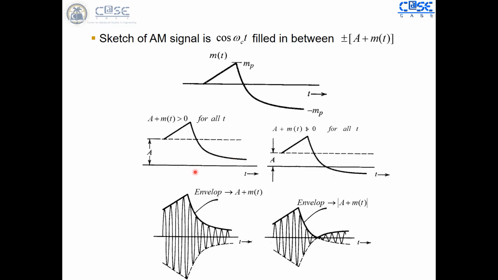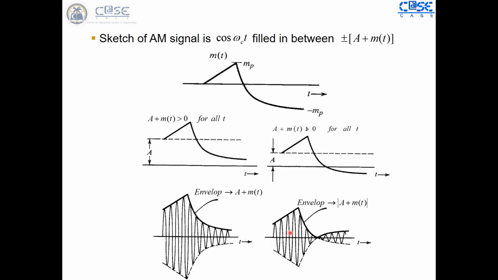So now you can see that if we can achieve this scenario in which the message signal becomes positive for all times t, you can see the message signal in the envelope of the received modulated signal, and you can detect it using any envelope detector, very easily. But here you can't do it.